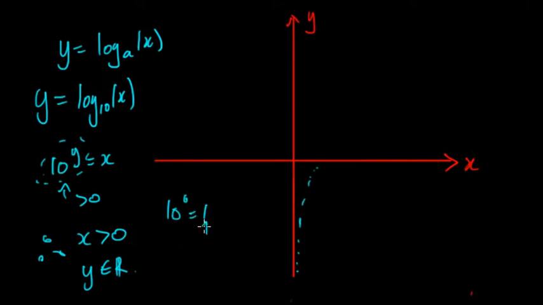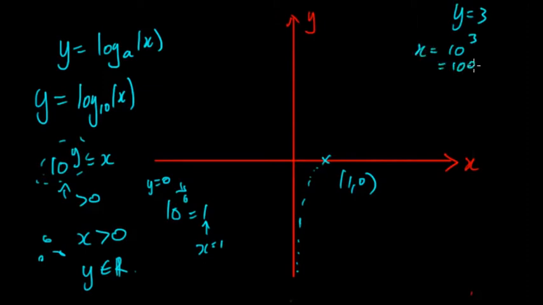So that means x is equal to 1 when y is equal to 0, and that gives us the x-intercept. So the x-intercept here is (1, 0). Then when x is greater than 1, y has to be a bigger number. But when y is equal to, let's say, 3, that's going to be 10 to the 3, so x will equal 10,000.